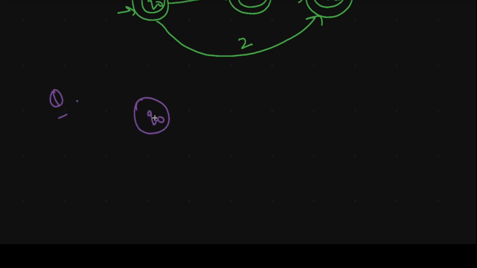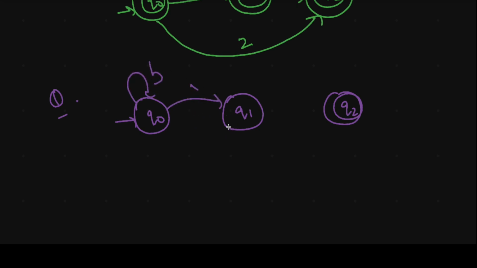Here's Q0, Q1, Q2. Let Q2 be a final state. On B it's remaining here, on A it's going here, on A it's coming back, on B it's going here, and it's making a null move here, and on A it is remaining here. So here our first state is Q0, and here our first state is Q2.